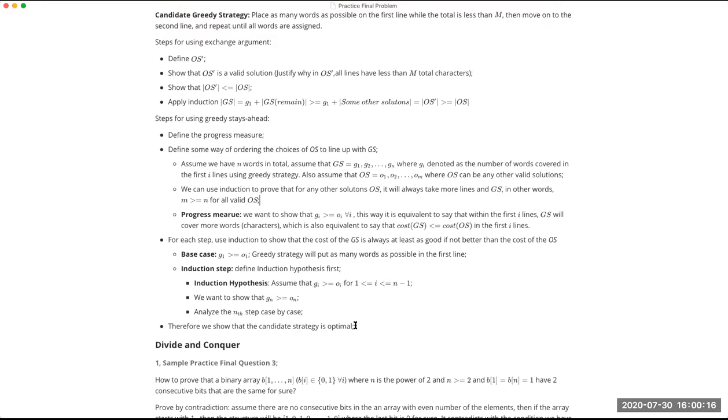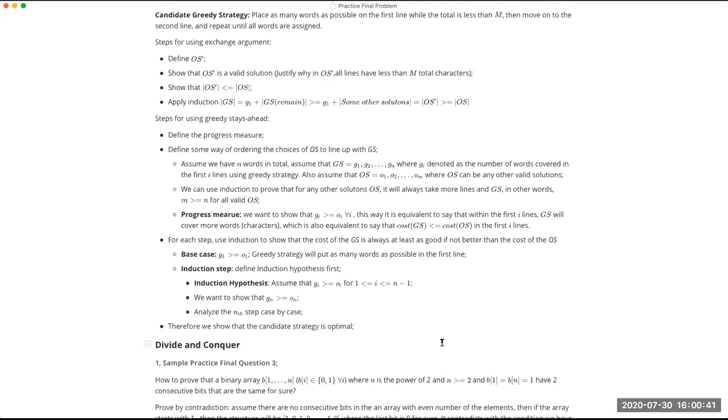So the base case is G1 greater than or equal to O1. This is basically the question that was asked before, I think. What is the base case? So the base case is usually defined by our greedy strategy, right? In our greedy strategy, in the first line, we will cover as many points as possible, correct?